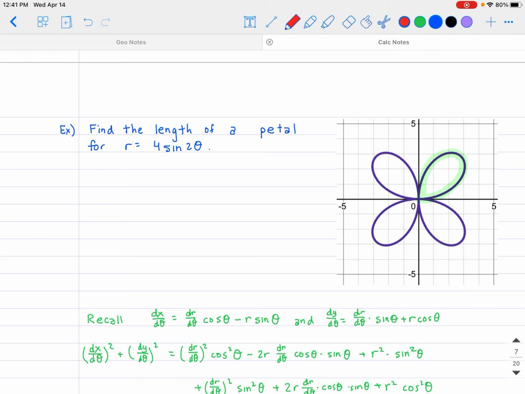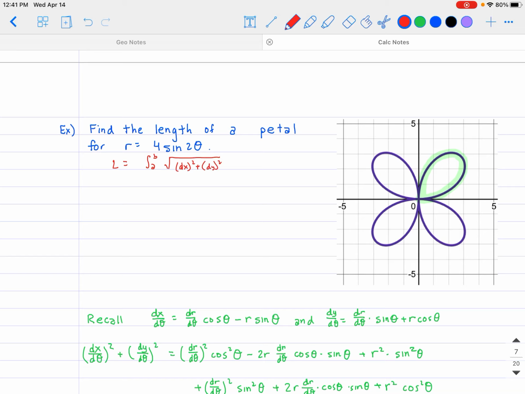Okay, so let's think about arc length first. We do remember that for arc length, we did derive it a while back. The length of a curve is supposed to be the integral from a to b of the square root of dx quantity squared plus dy quantity squared.